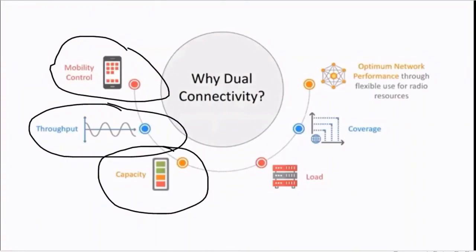And then coming to the coverage. When you talk about coverage, we talk about the heterogeneous network, small cells interworking with the macro cells. All those things come as part of the coverage typically, right? So with macro cells, my coverage will go maybe between 1 to 3 kilometers.